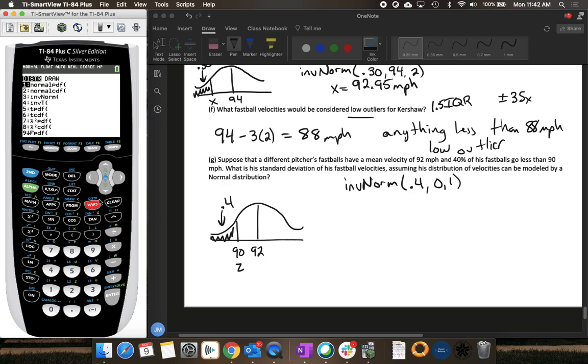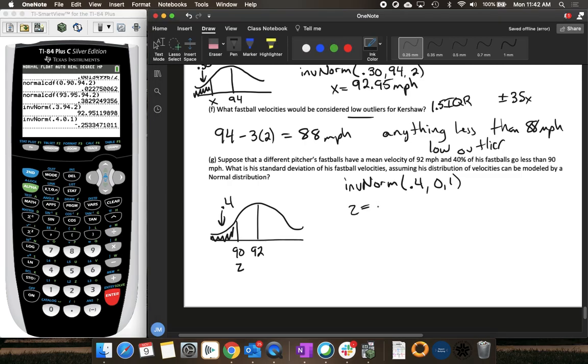We'll go second, distribution, choose option 3 for inverse norm. Area to the left is 0.4, our mean is 0, and standard deviation is 1. So our z-score is going to be negative 0.2533.